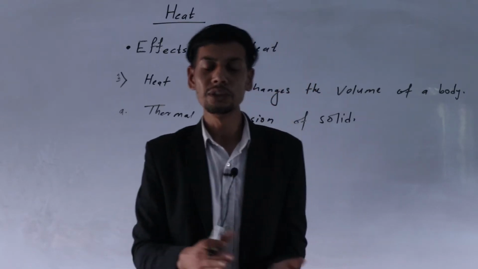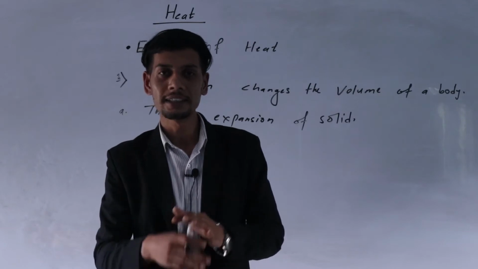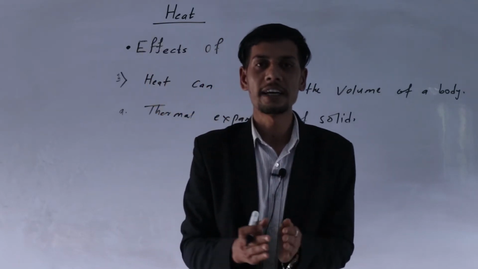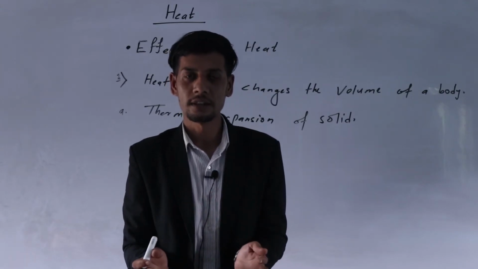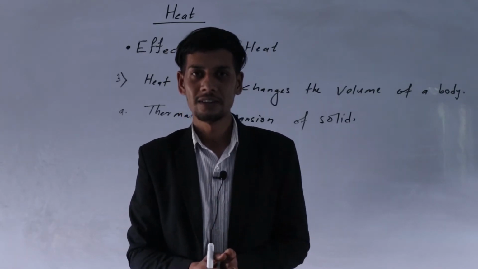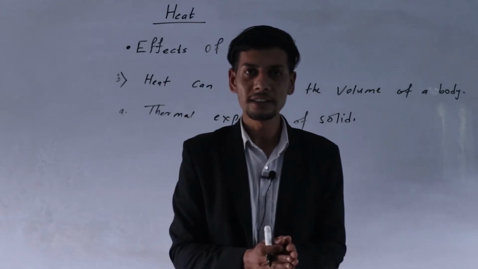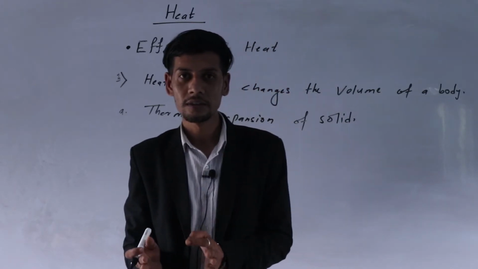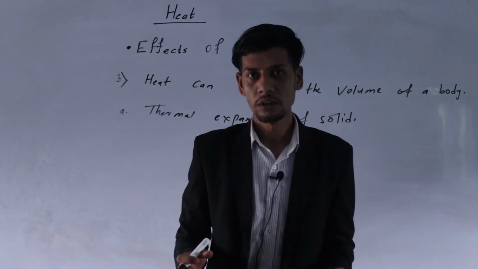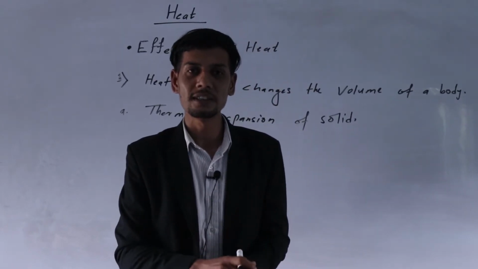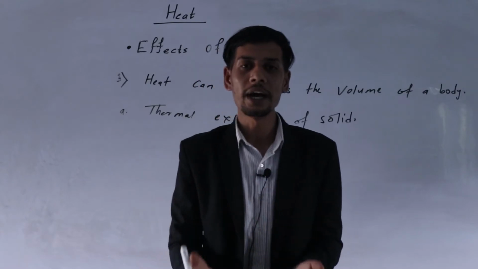Similarly, during the winter season, the electric wires contract, which means they become shorter in length. This is because of cooling in winter; the weather is cold, so a decrease in the volume of the electric wire occurs.